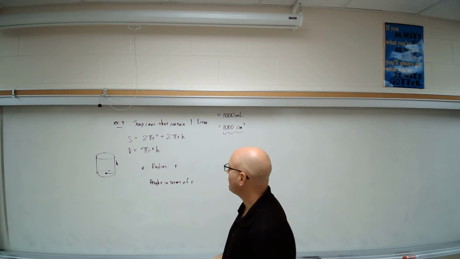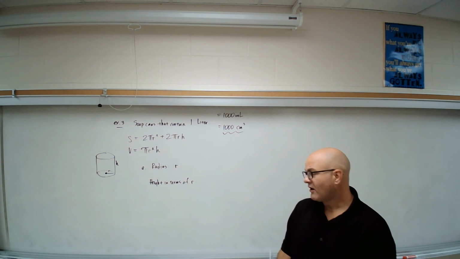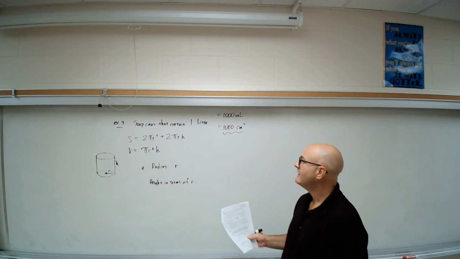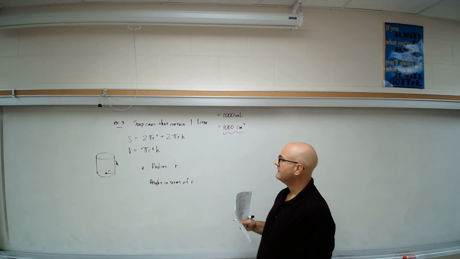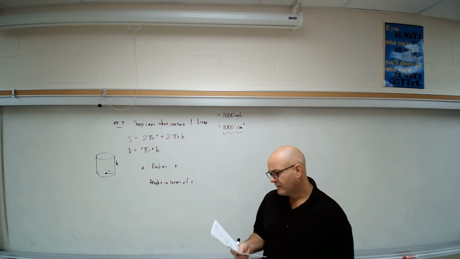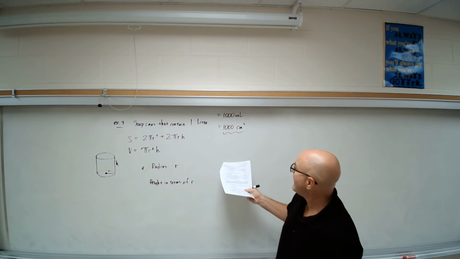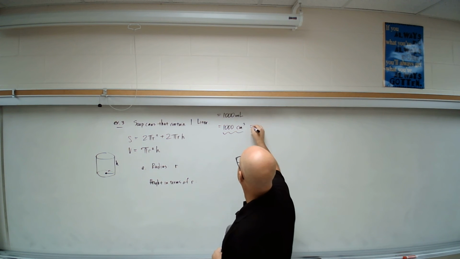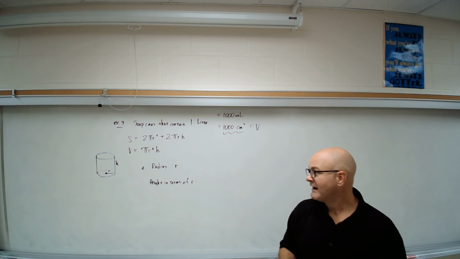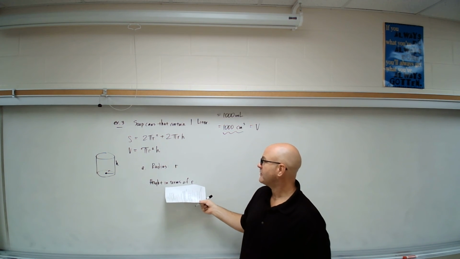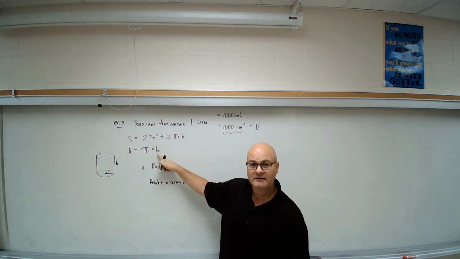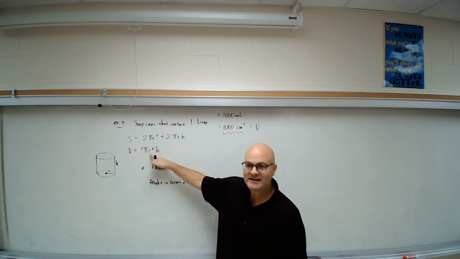So that means we're going to take one of these equations and solve it to where we get H equals. Once we do that, the only other variable should be the radius, or I guess we have the volume too. Since we actually do know the volume is 1,000 cubic centimeters, if we look at this second equation, we want to solve for height in terms of radius, so that stays a variable.